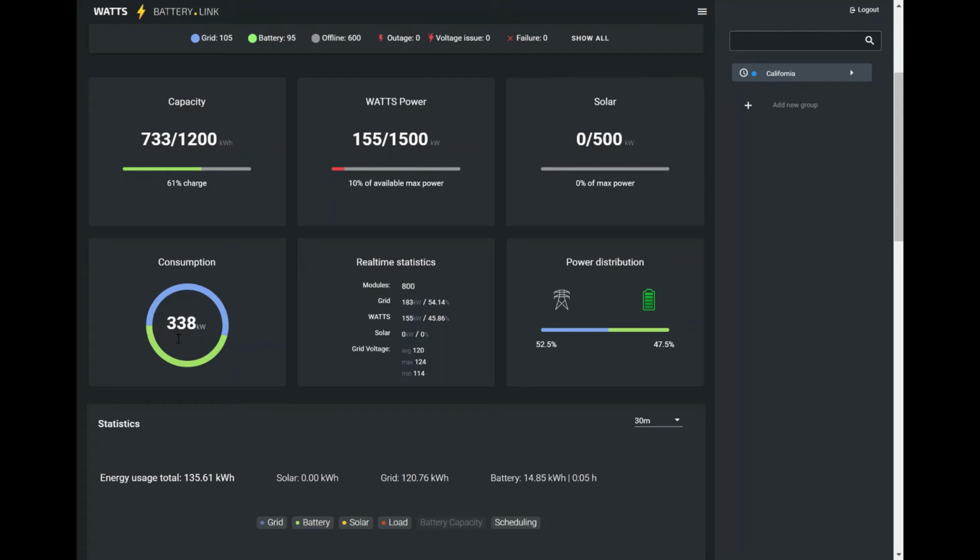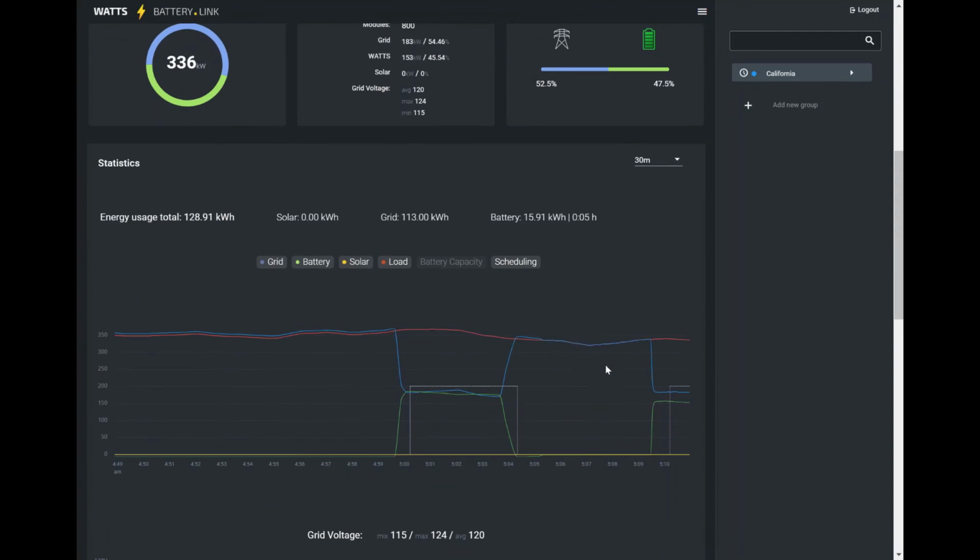And the consumption, which is around 338 kilowatts, is now shared between the grid and the watts battery modules. We have almost 45% of this energy coming from the watts battery modules. So the amount of energy that we now try to shave is provided by watts battery modules, so we don't need to impact the operation of the customers being supplied with energy.